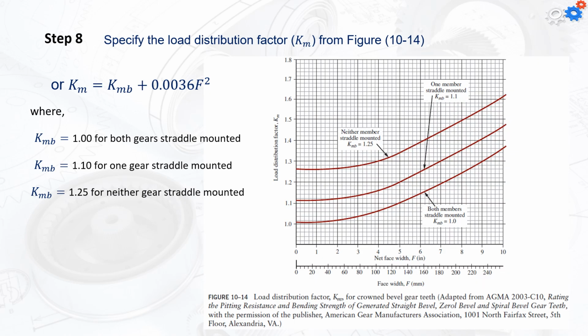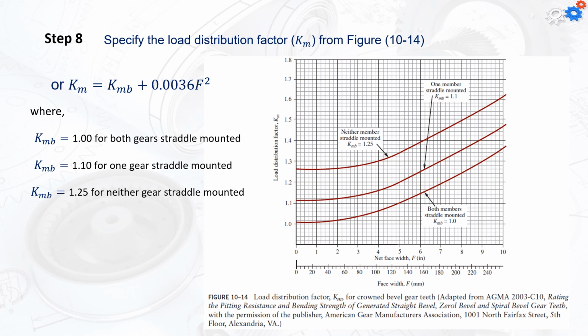The 8th step is to specify the load distribution factor Km. This can be done either by using figure 10-14 or by using the equation. For the equation, first you have to specify the value of the KMB, and this will depend on the gear straddle mounting. Either both gears are straddle mounted, or one of them is mounted, or neither is mounted.